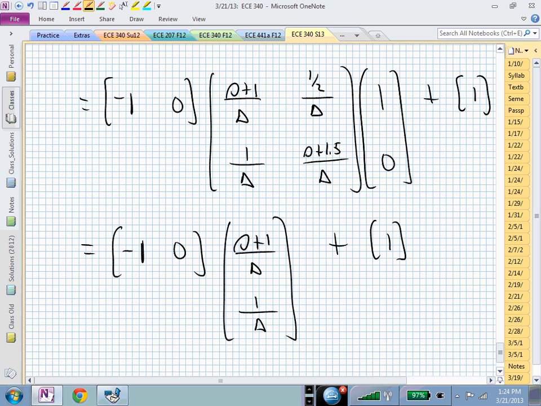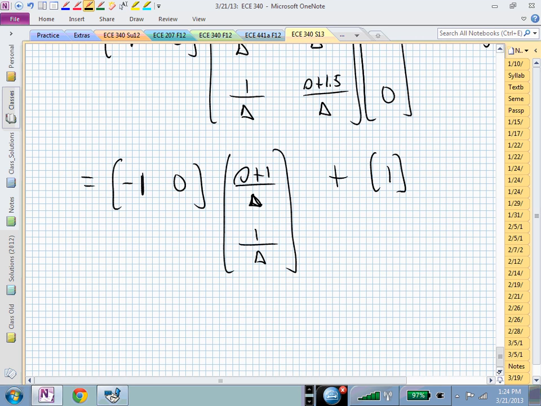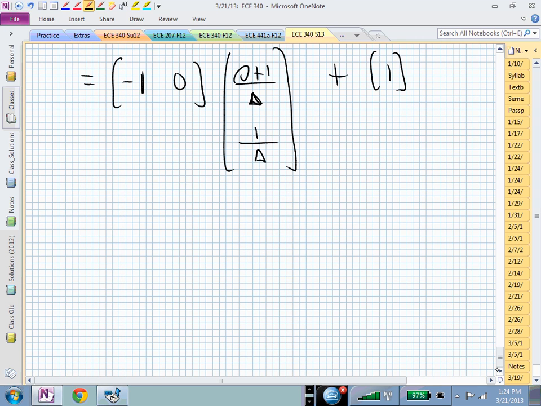If I now do this multiplication, ooh, my deltas look like S's, don't they? So make sure you're maybe a little cleaner with your handwriting. My second grade teacher won't be very happy. This is now minus S plus 1 over delta of S plus 1, and that's G of s.